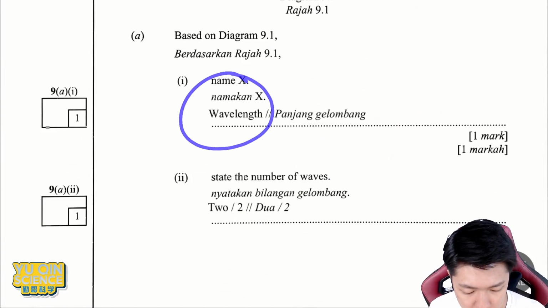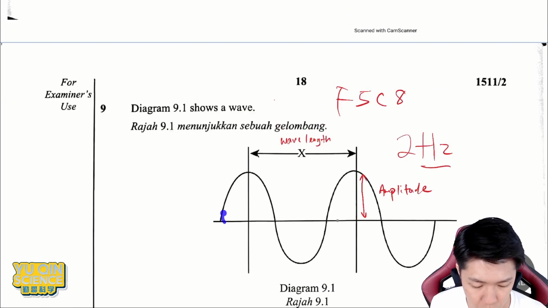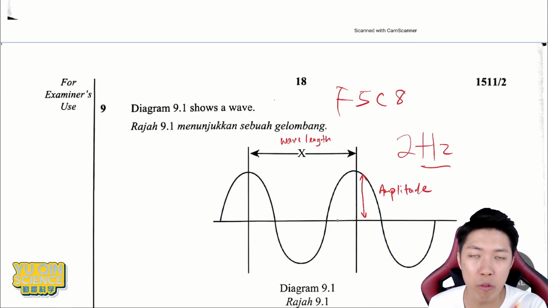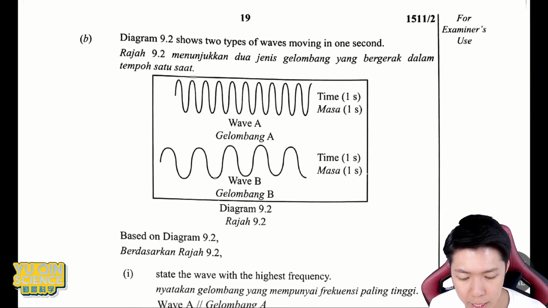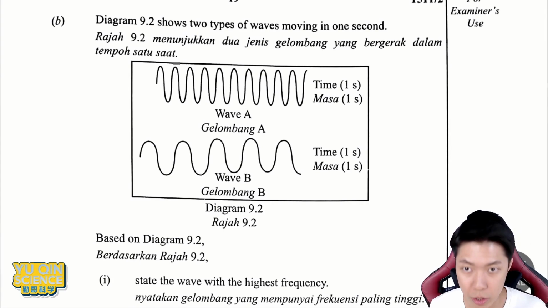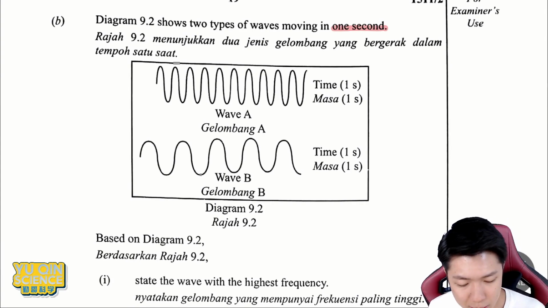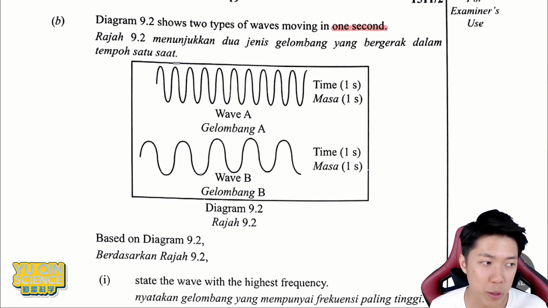So wavelength done. State the number of waves. 2 waves. Next one. Diagram 9.2 shows the type of wave moving in 1 second. So as already said to you, the wave in the picture below is 1 second. That's about frequency now.